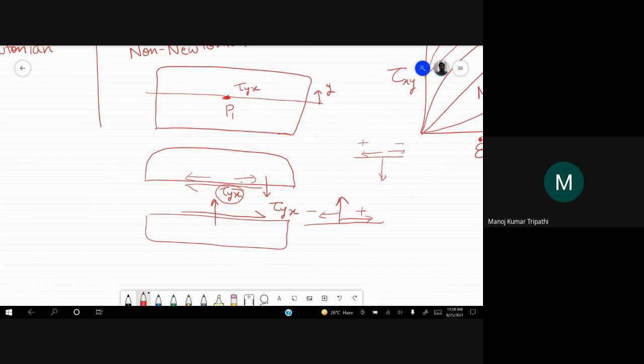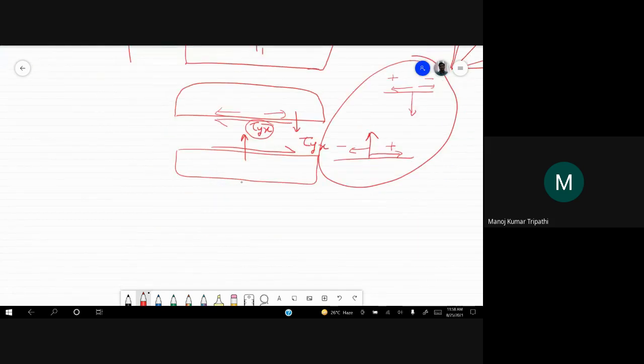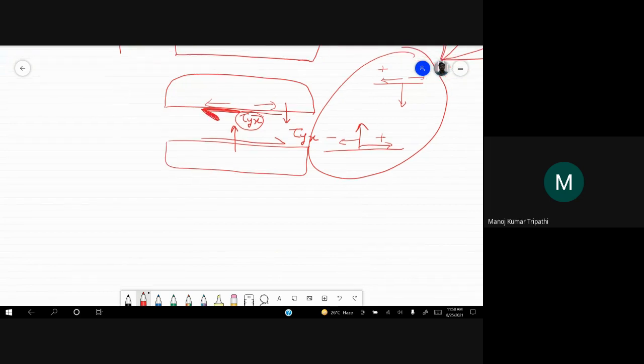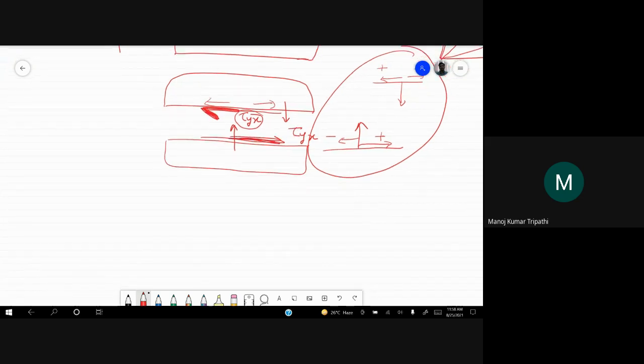If we take these conventions, then our answer will be consistent, otherwise not. That's why we take either this direction on the negative y plane to be positive, and this direction on the positive y plane to be positive. Both of these are positive. Is that clear? Yes, sir.